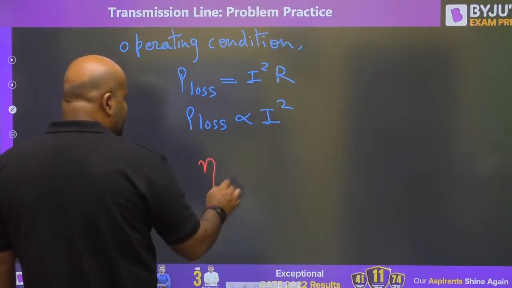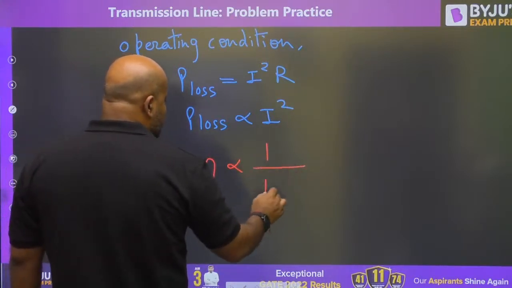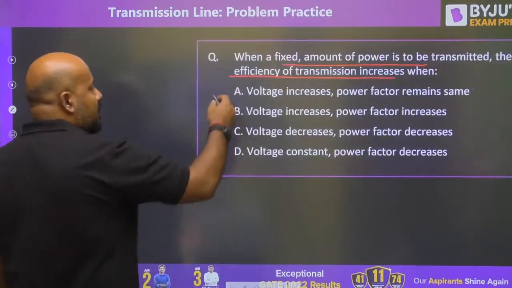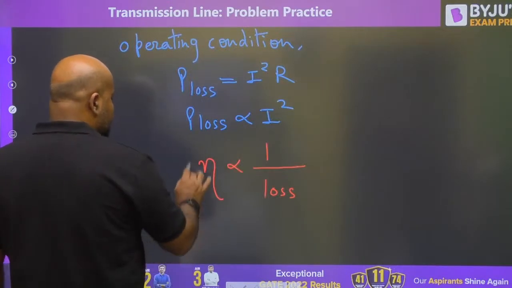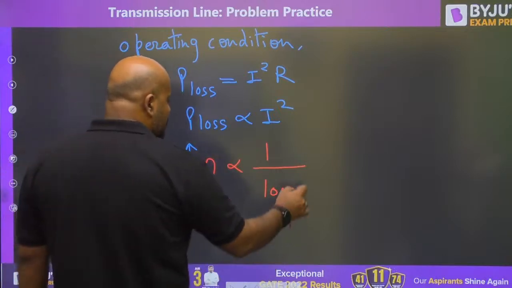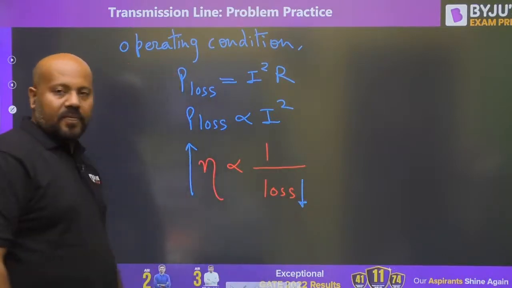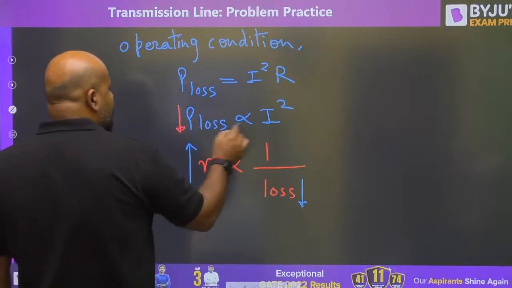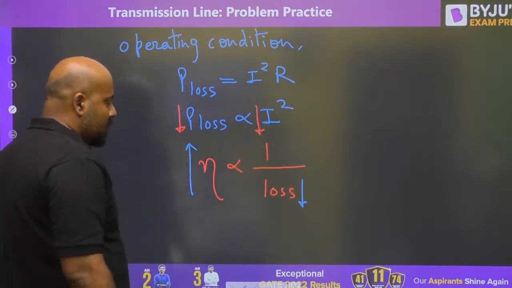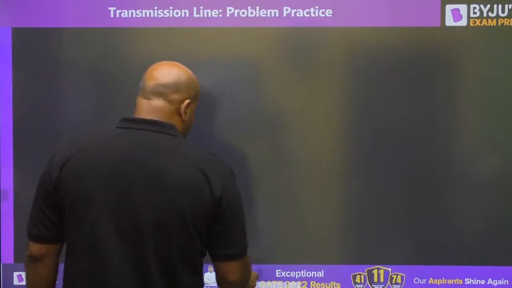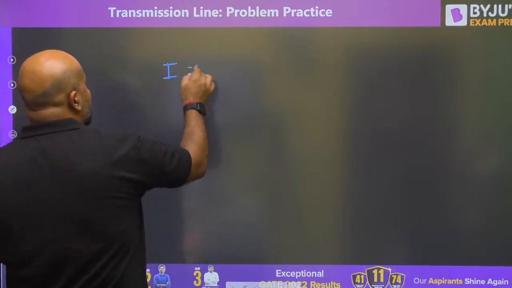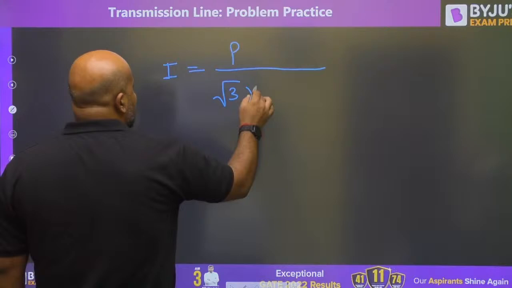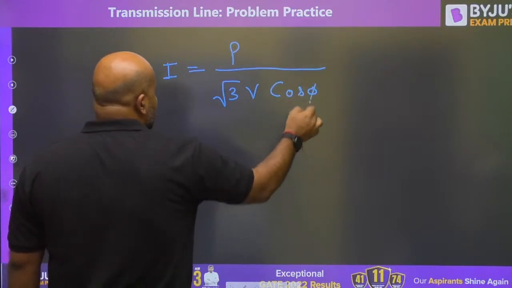Now you know that efficiency and losses are inversely proportional. Efficiency of the transmission can be increased if the losses are reduced. Losses can be reduced if the operating current is reduced. And how are you going to write the operating current? For a three-phase system, I equals P upon root 3 V cos phi.